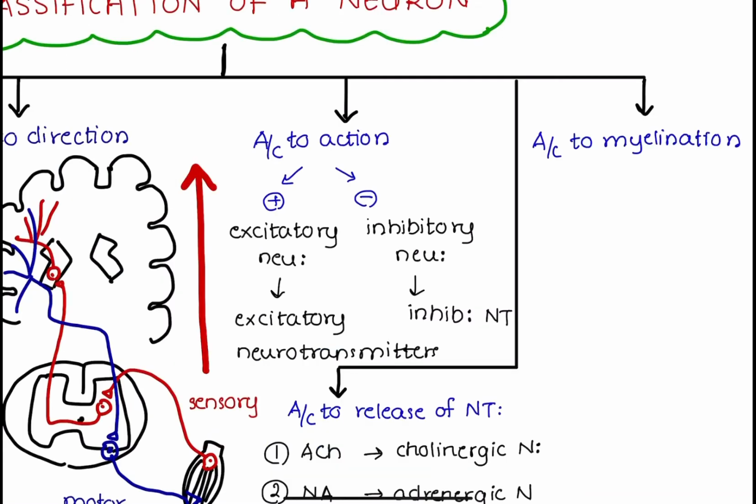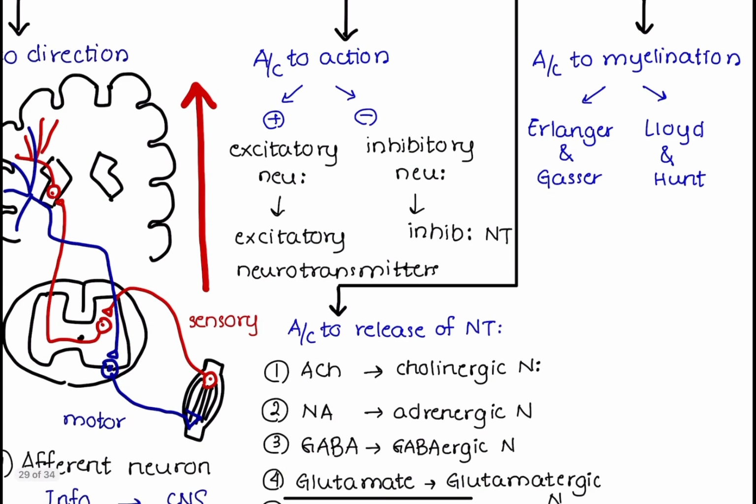As explained before, an axon is covered by a layer of fatty substance called myelin, which speeds up the impulse conduction. So there are two types of axons in the nervous system, myelinated and unmyelinated axons. There are two major classifications of an axon based on myelination, namely Erlanger and Lloyd classifications.